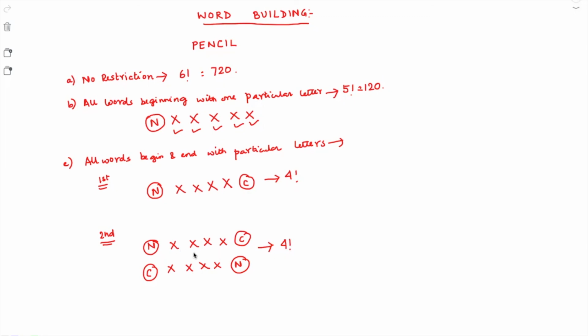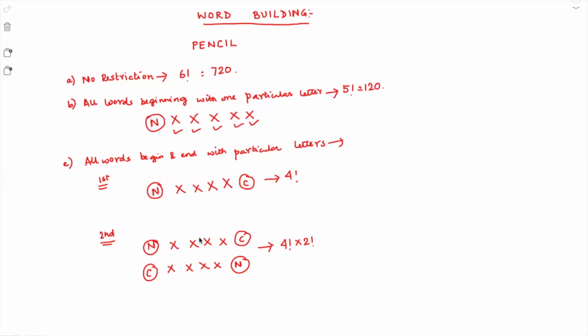Why? The 4 letters which are in the middle will rearrange themselves in 4 factorial ways into 2 factorial. Why into 2 factorial? Because C and N can also rearrange amongst themselves. That means C can go to N's position, and N can go to C's position.